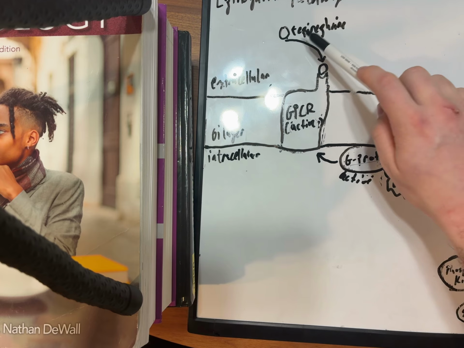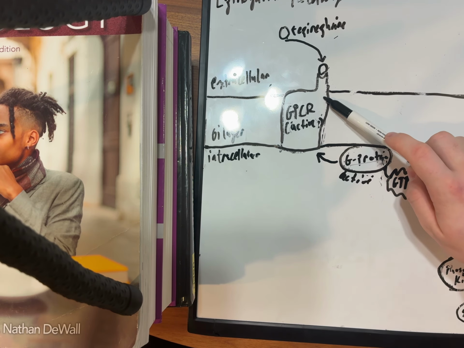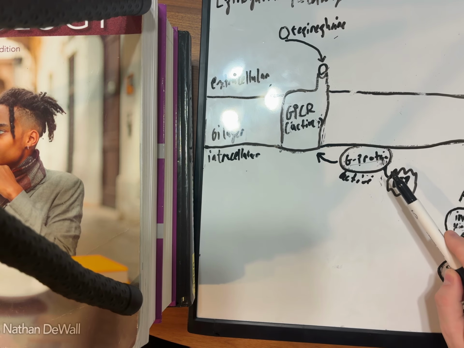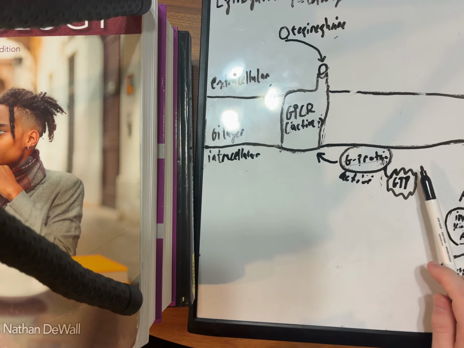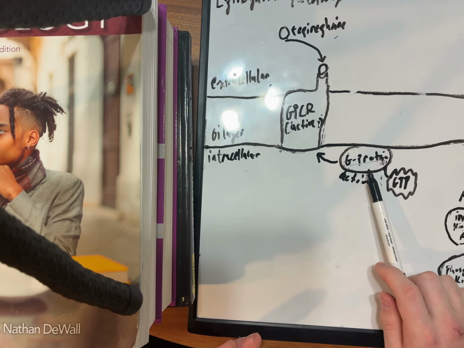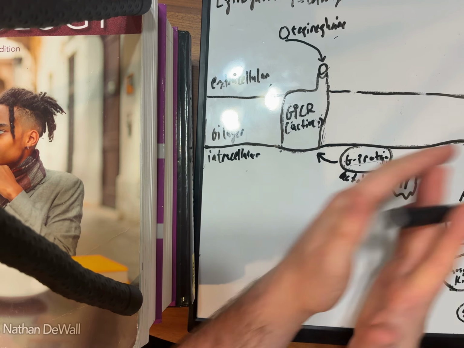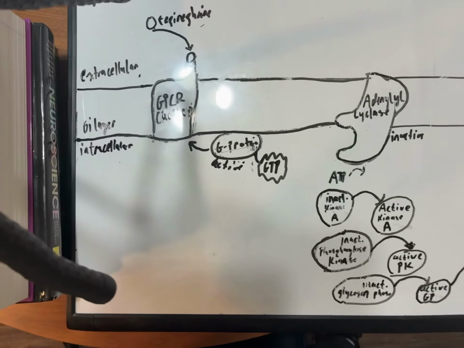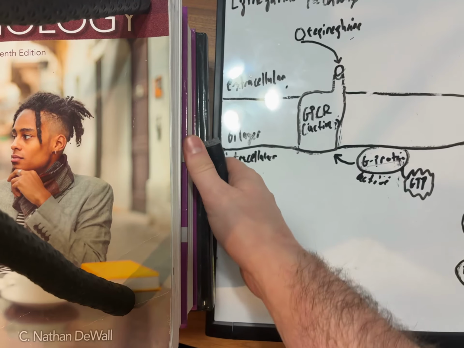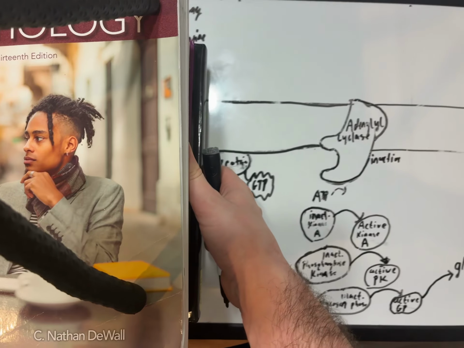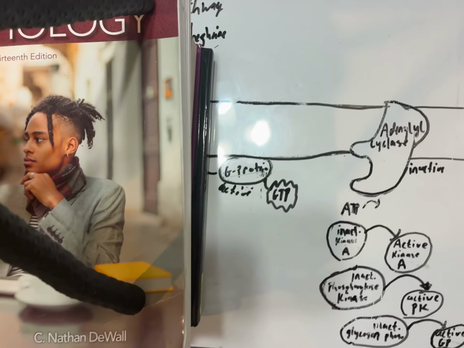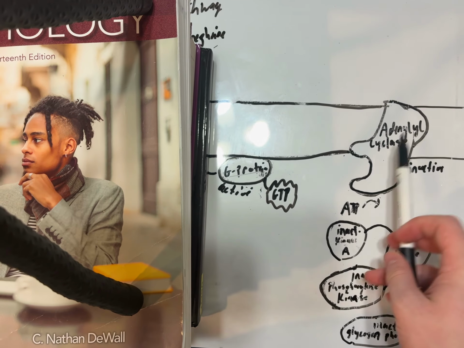If I were talking upstream, that would be referring to an earlier step. So we could say that epinephrine binding to the GPCR would be upstream of the G protein activation. And then, like we're saying now, the G protein is going to move downstream, so closer to our endpoint, and it is going to move, hold on, I've got to scooch you again. It is going to move towards this adenylyl cyclase.